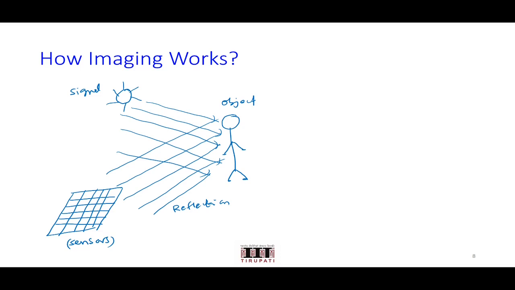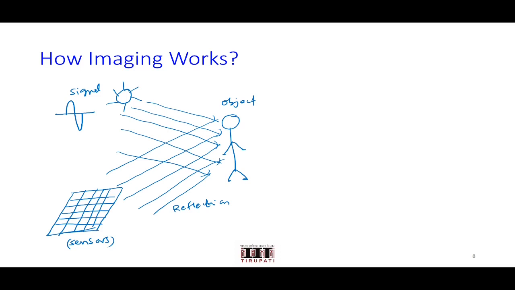This is what happens roughly in the case of our usual digital images. Let me generalize it from visible light to any signal as such. There is some signal which falls on the object and reflects, and there are sensors that could capture the intensity of those signals, right?